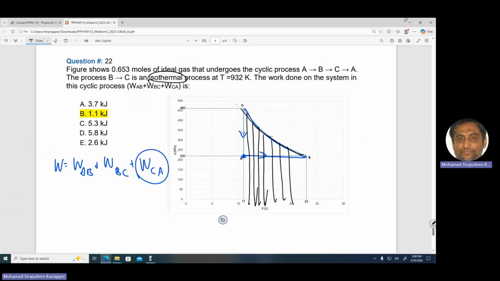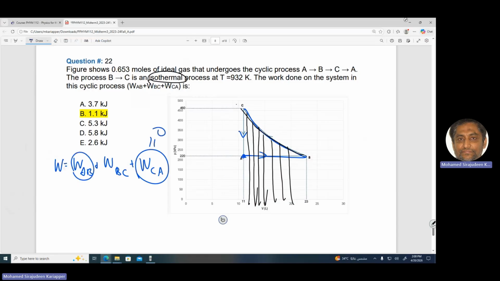What is the answer for C to A? 0, because it's a vertical line. Is it covering any area? No. It is, in other words, a constant volume process. When the volume is constant, work done is 0. The piston is not moving either side. So this is 0.